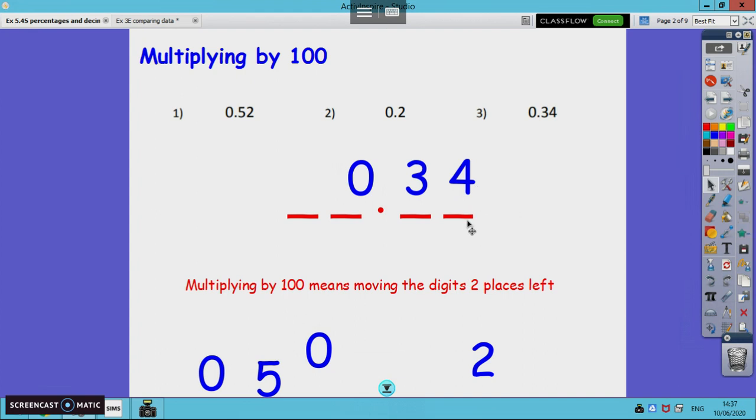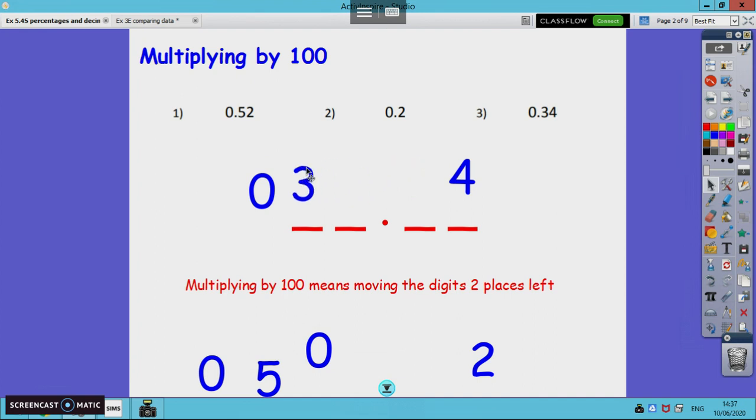So let's have a look at how that goes. So the 0, 1, 2, the 3, 1, 2, and then the 4, 1, 2. Now we don't say 0.34, do we? So we get rid of that 0 there, and our answer is just 34. So that's how you multiply by 100.